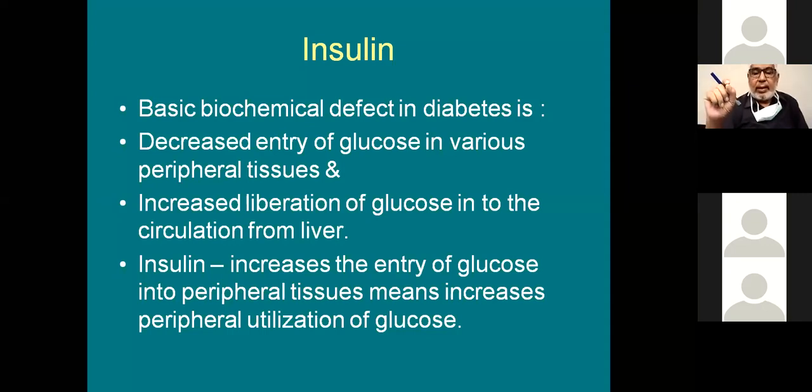Insulin increases the entry of glucose into peripheral tissues. This means increases the peripheral utilization of glucose. So that blood में कम हो जाती है, peripheral utilization को बढ़ा देती है.